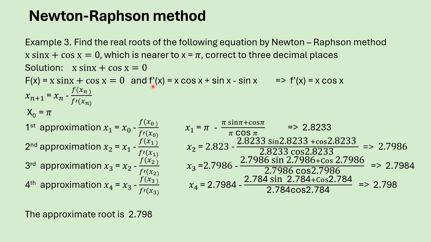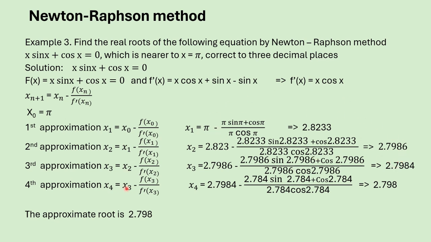Similarly, in f dash x, we have to put the value of x1, which is 2.8233, so we get x cos x with x value 2.8233. On simplification, we get this.